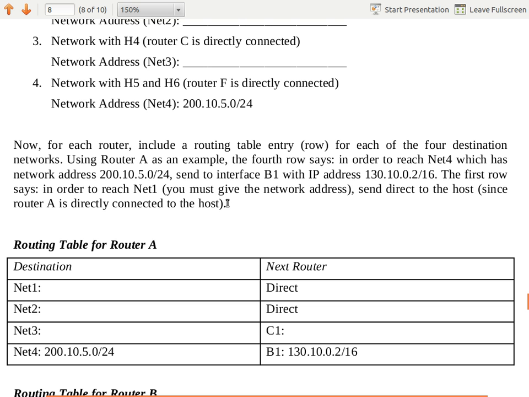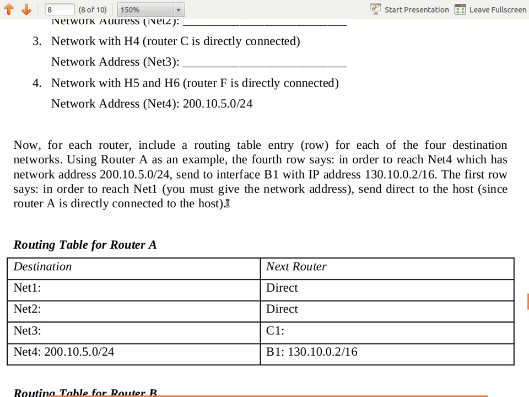And from the table that I've shown previously, the path should be via B. If A wants to reach F, send to B. In particular, send to B1. And that's what's captured in this routing table. If router A wants to reach someone on network 4, send to the next router B1.